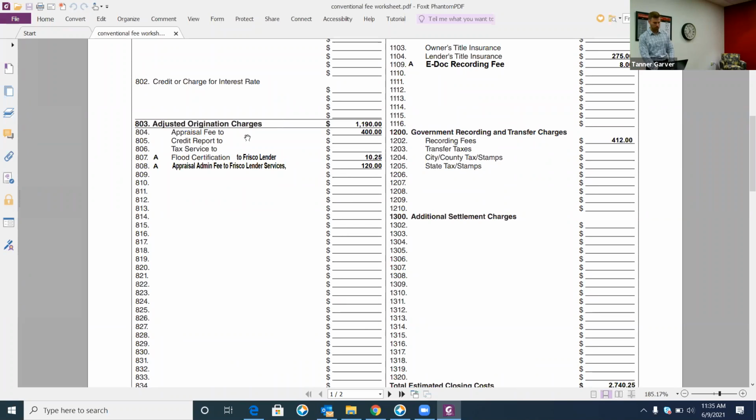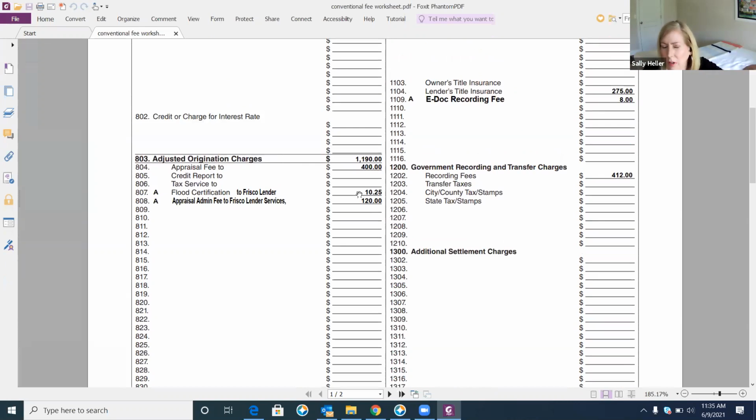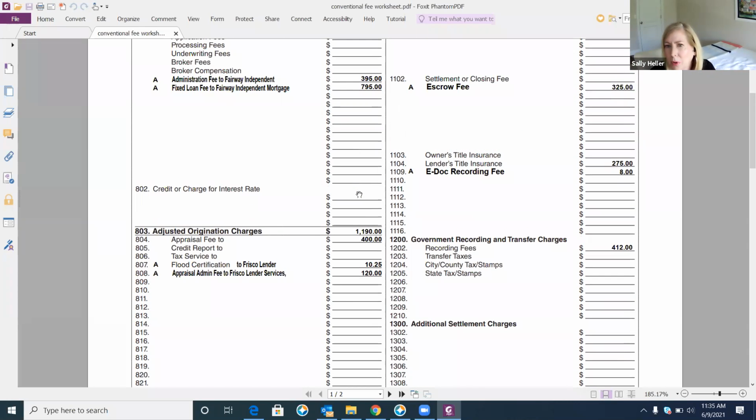It's around $520 total. A lot of people just say a one-time appraisal fee of $520. We break it down into two to show exactly where it's going. So Frisco Lender Services is the appraisal company, and then the actual appraiser gets the 400. Is that it? Correct. Yep. That's exactly what it is.